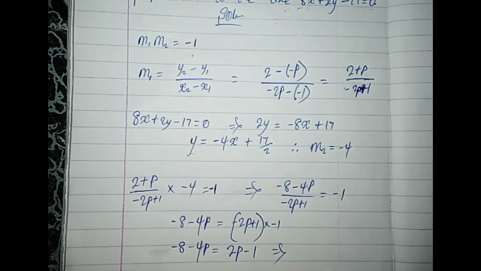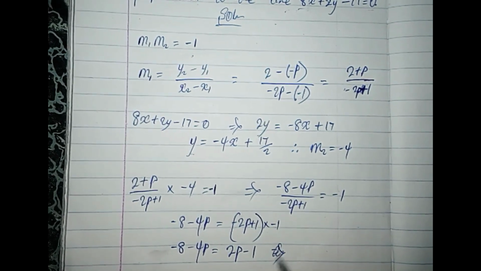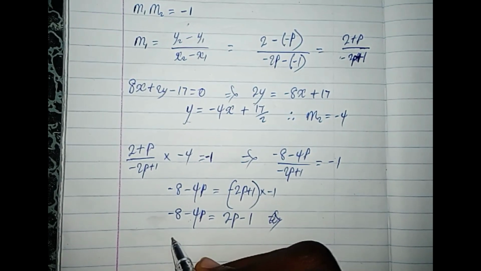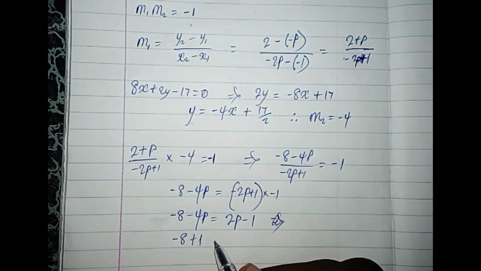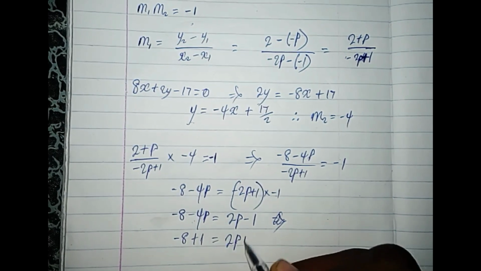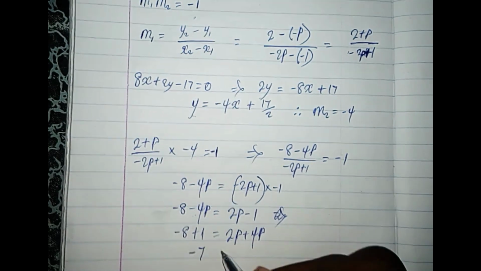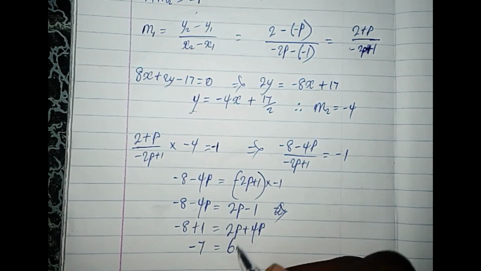So by taking like terms, this is -8 plus 1 equals 2p plus 4p. So this is -7 equals 6p.